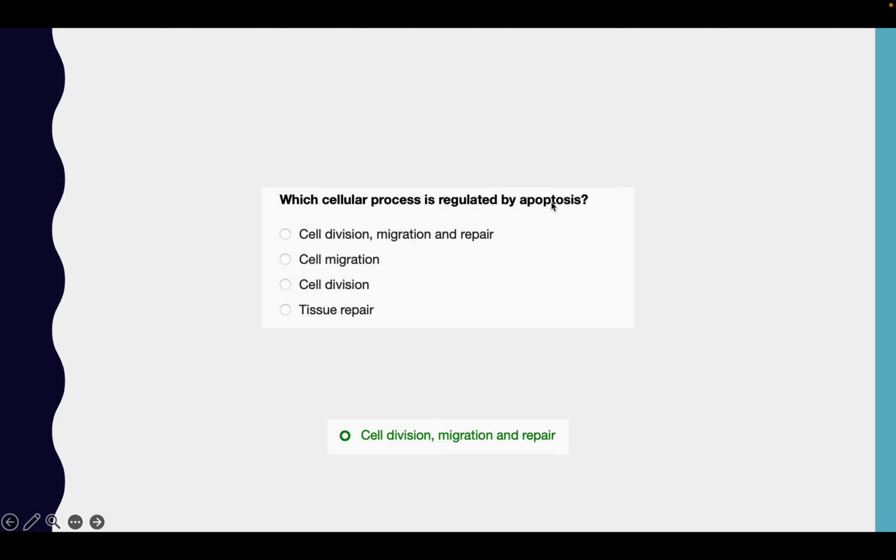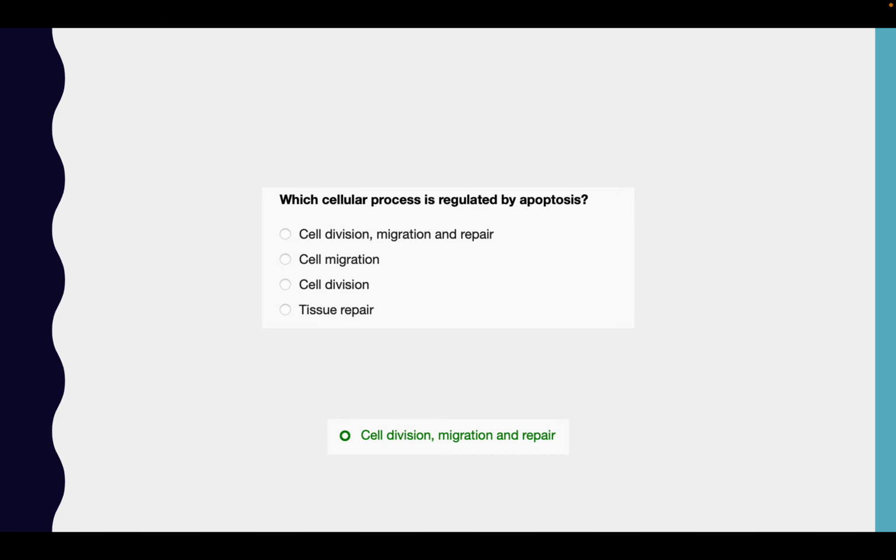Which cellular processes is regulated by apoptosis? So apoptosis covers all these: migration, division, and tissue repair. Why? एपोप्टोसिस में क्या हो गया? PCD mechanism, and it plays a crucial role in regulating number of cells in a tissue by eliminating unwanted or damaged cells, effectively controlling cell division.